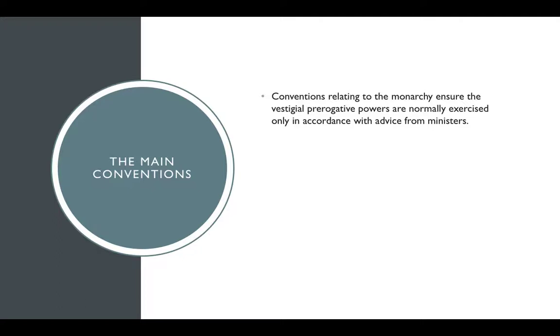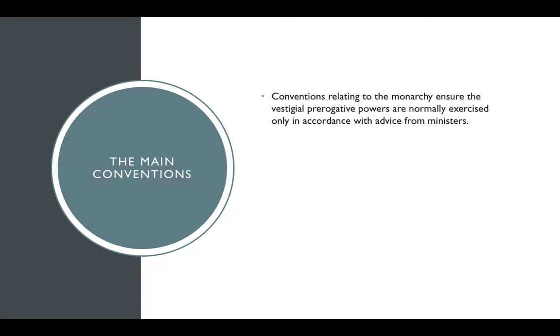So this convention has really been called into question, because if ministers are advising the monarchy to prorogue Parliament for their own interest, then surely there is a conflict of interest within that system, because the monarch only gets advice from her ministers.